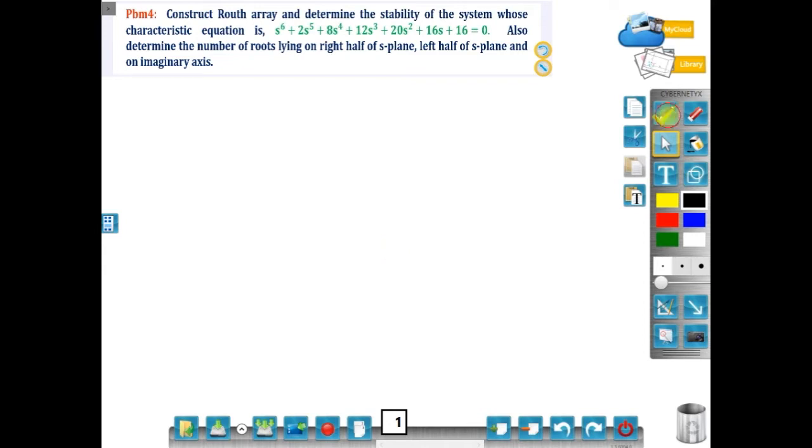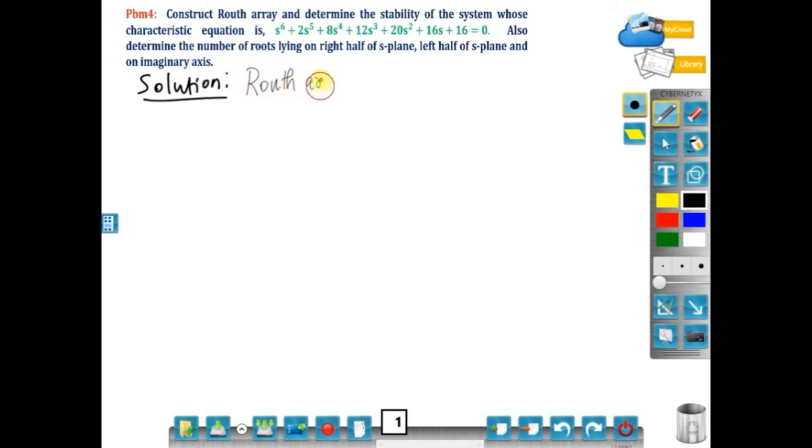So first of all, we should create the Routh array. As a solution, we need to construct the Routh array. The maximum power of S is 6.